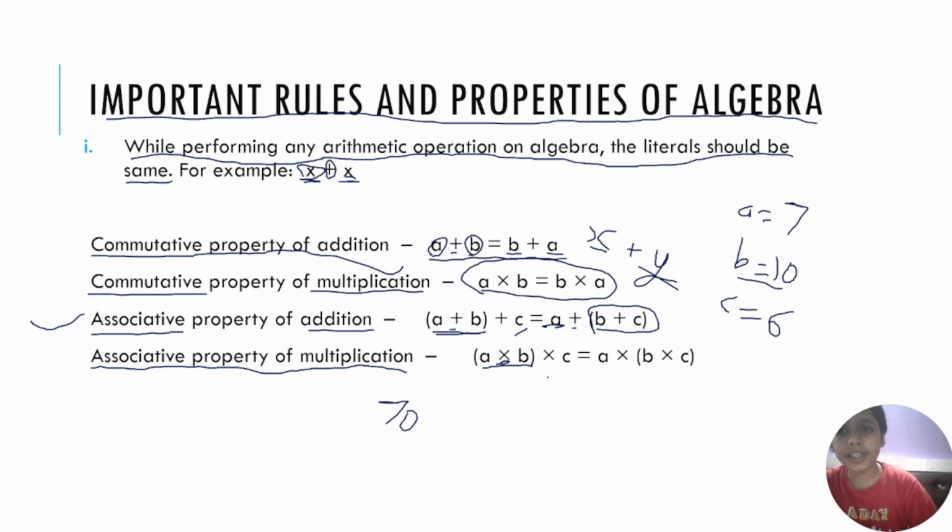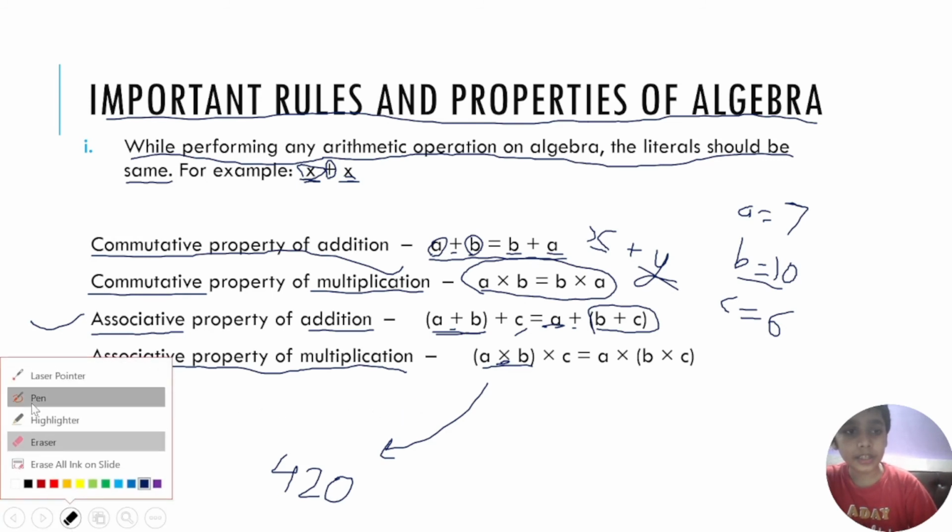So first 70, then multiply by c, which is 6. So 70 multiplied by 6 is 420. So this answer is 420.